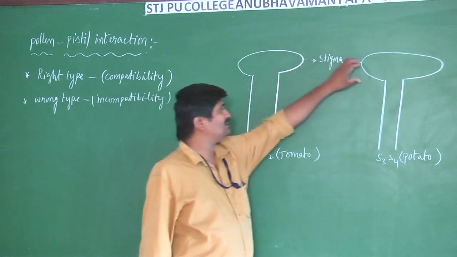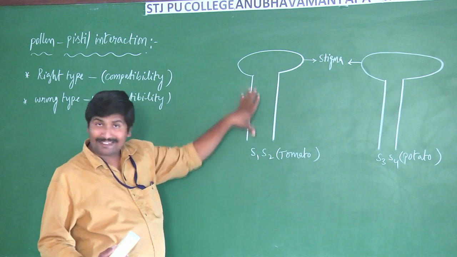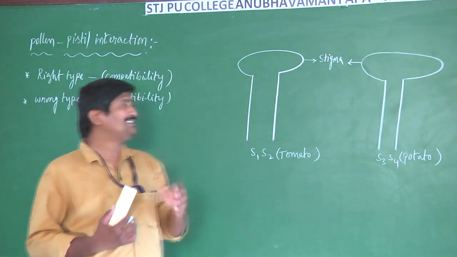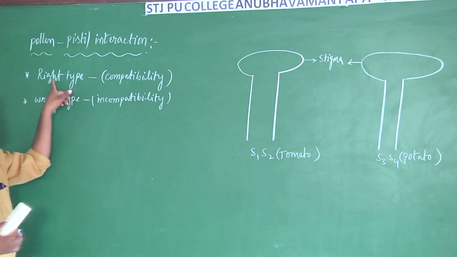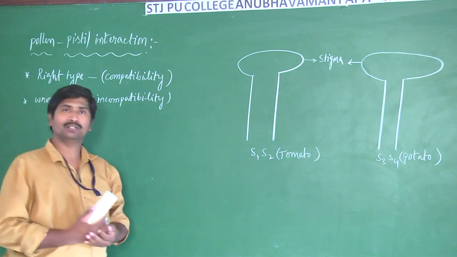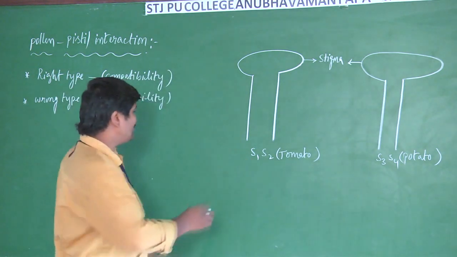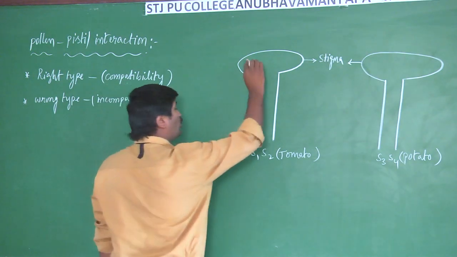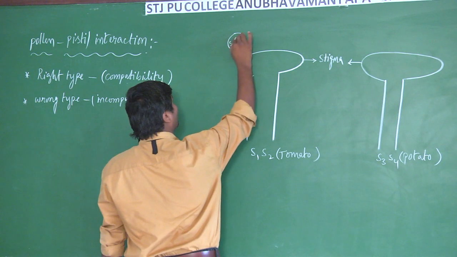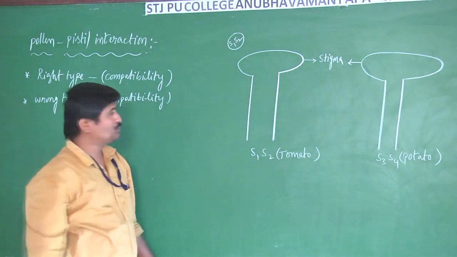See here in these two stigmatic lobes, the pistil has the ability to recognize whether the pollen grain is the right type or the wrong type. In this stigmatic lobe, this is a pollen grain with genes S1 and S2.